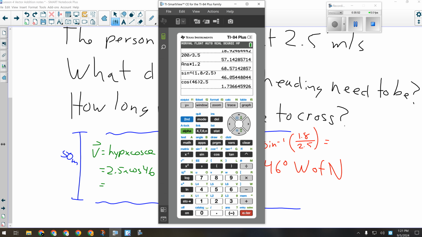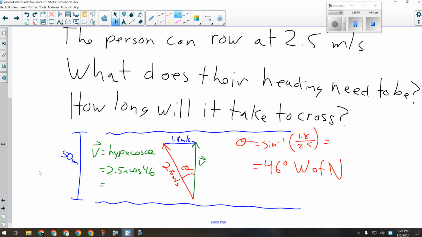So that side's 1.7. I didn't do the scale very well, did I? All right, so now I know that I go across the river at 1.7 meters per second. I know the river's 50 meters wide. Can I figure out how long it takes me to get across now?